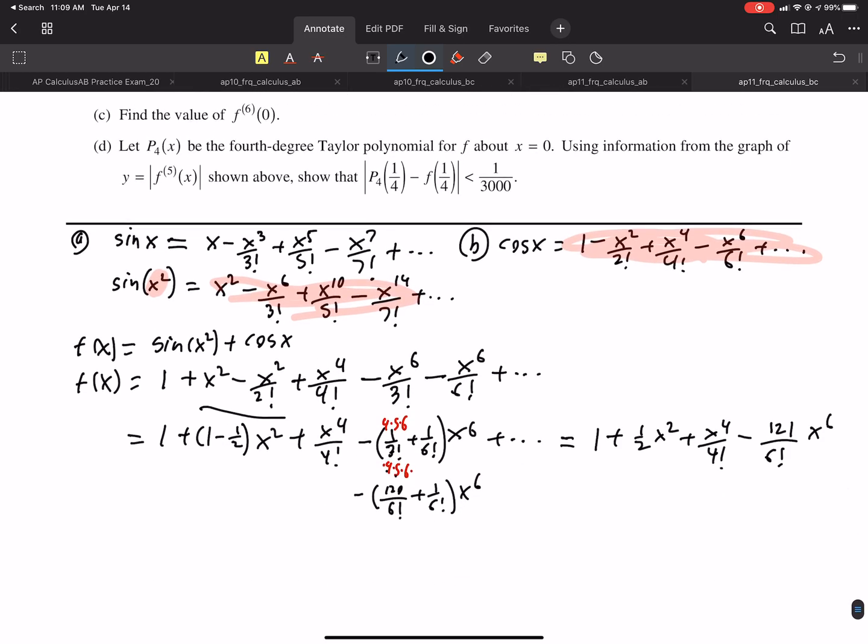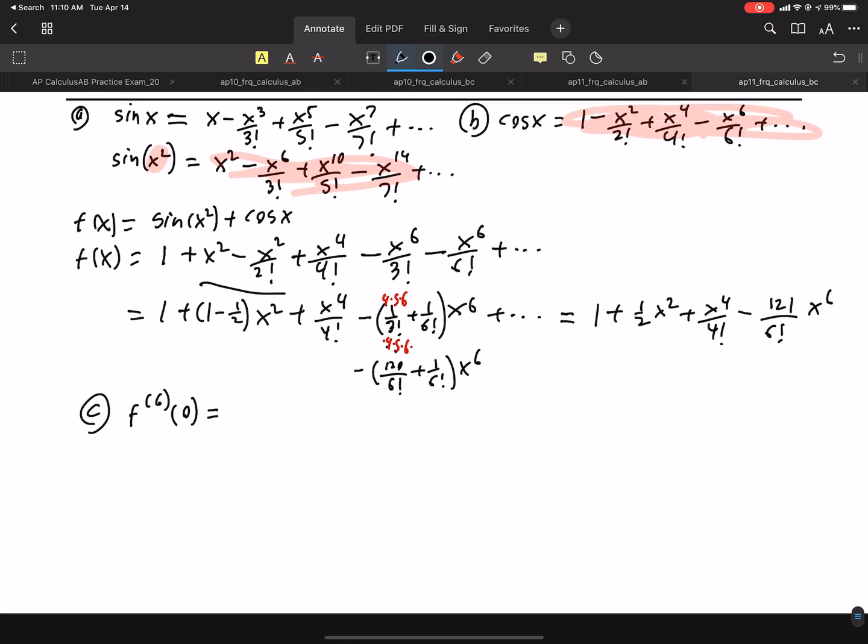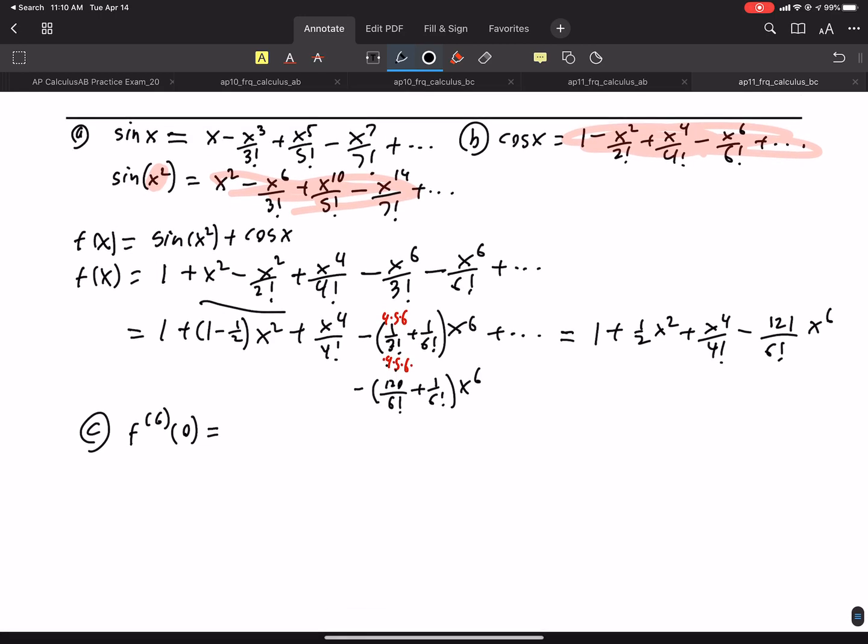Part C. Oh, this is beautiful. So to find the sixth derivative, you wouldn't want to take the derivative of f 6 times. That would be ridiculous. But we know in a Taylor series that, here, let me circle this.